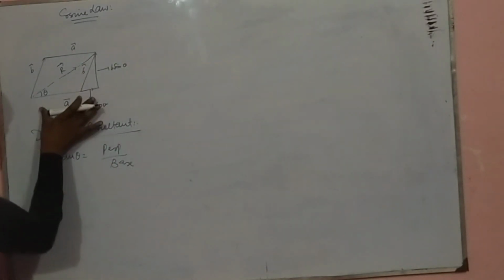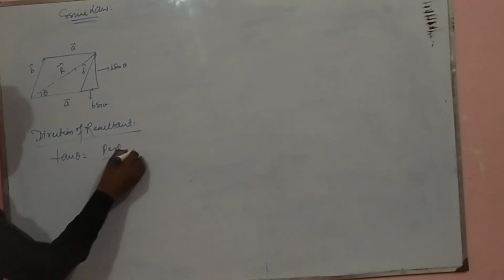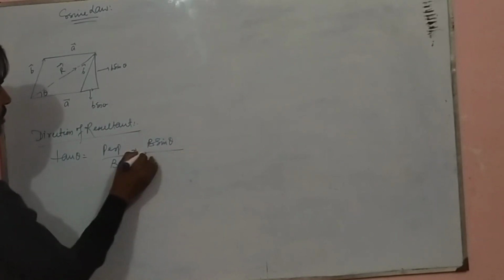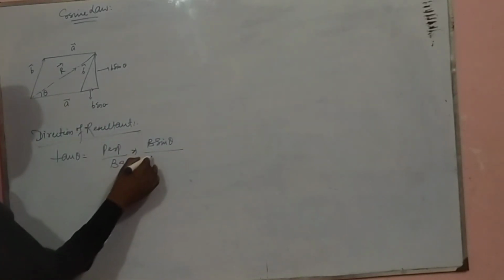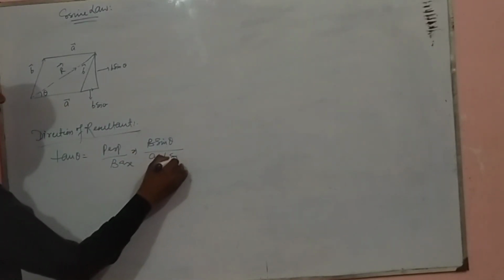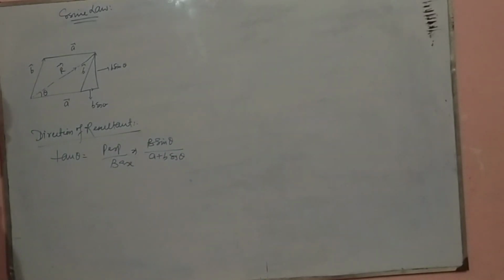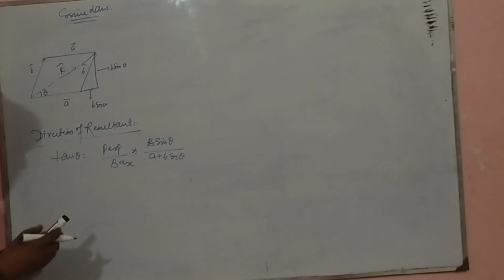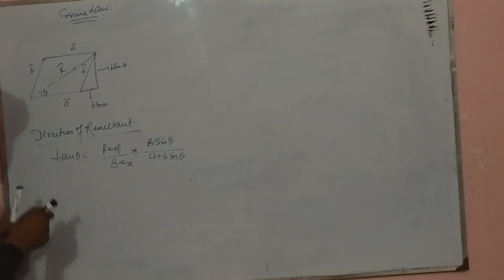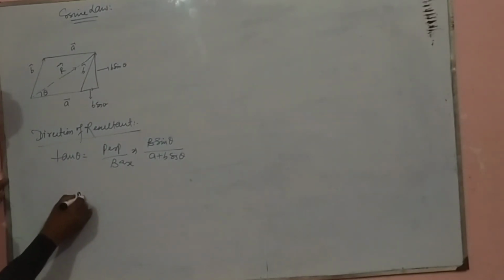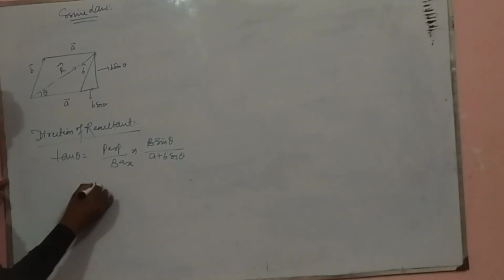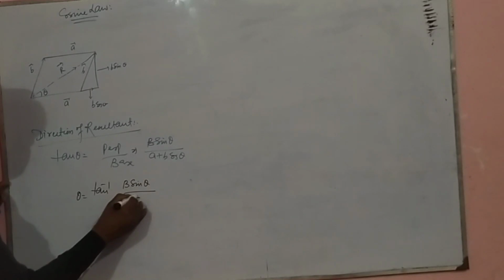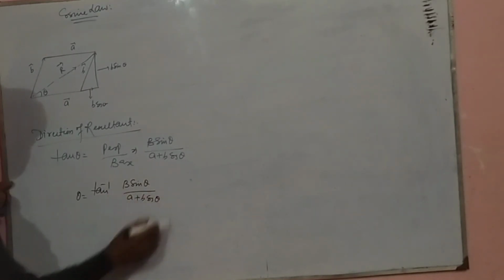This is the perpendicular, and this one is the base. The perpendicular is b sin theta, over the base, which is a plus b cos theta. So this is the direction of the resultant: theta is tan inverse of b sin theta over a plus b cos theta.